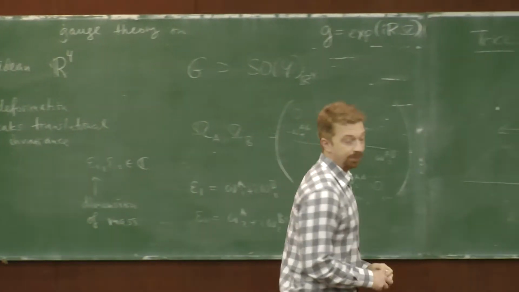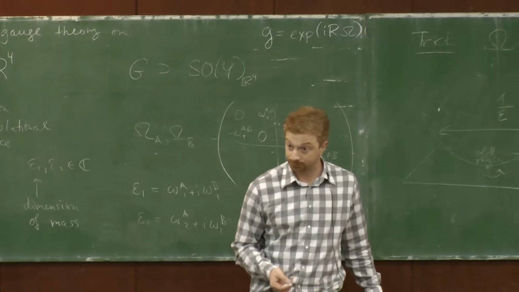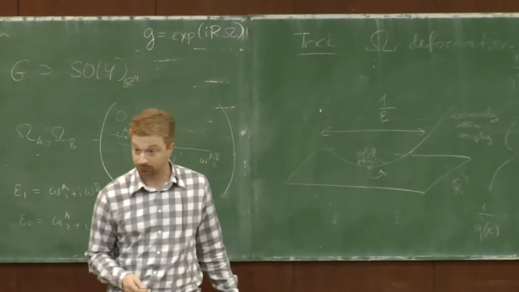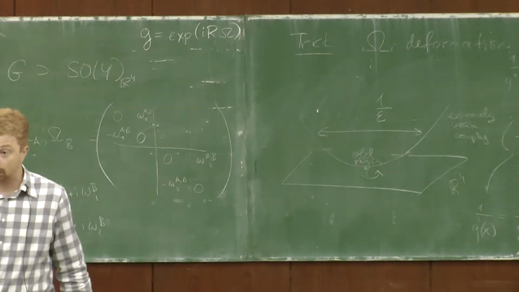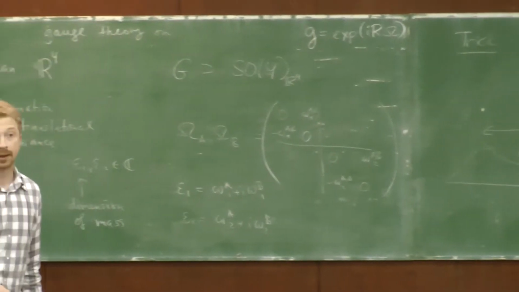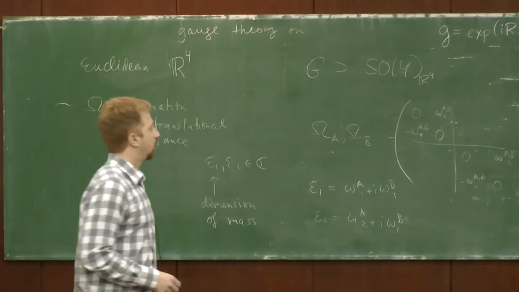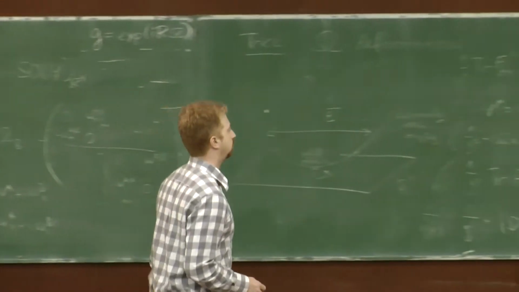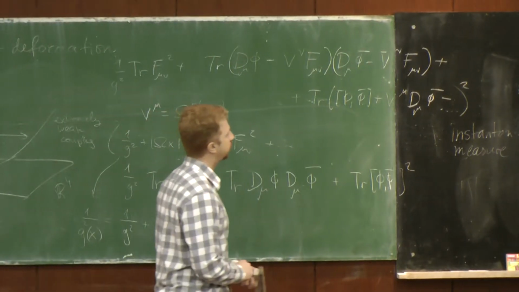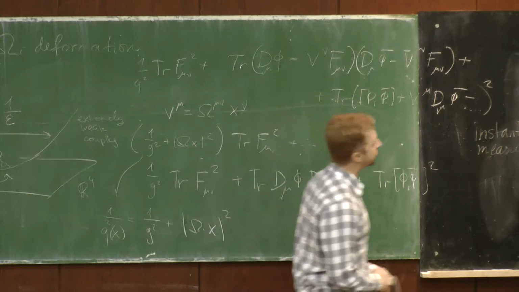In principle, you could have reversed this equivalence and claimed that you can discuss theory in D plus 2 dimensions in terms of massless theory in D? Well, I'm not sure. Sometimes you can.